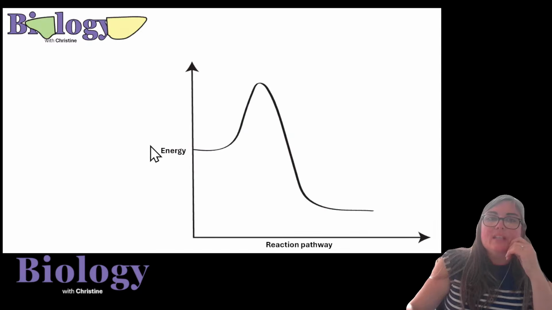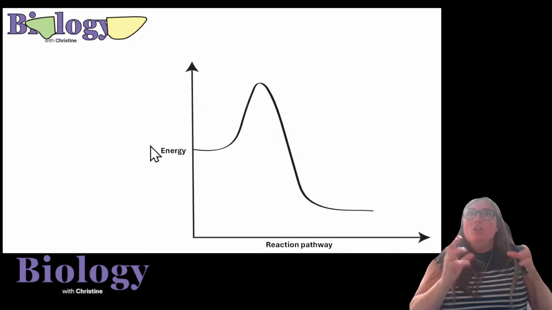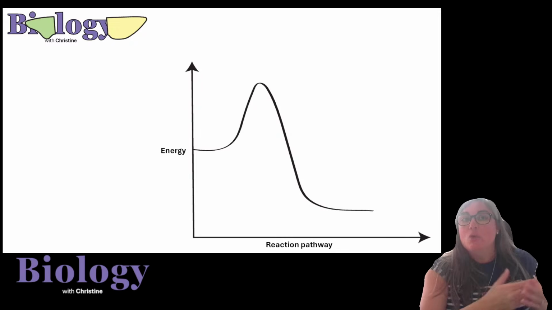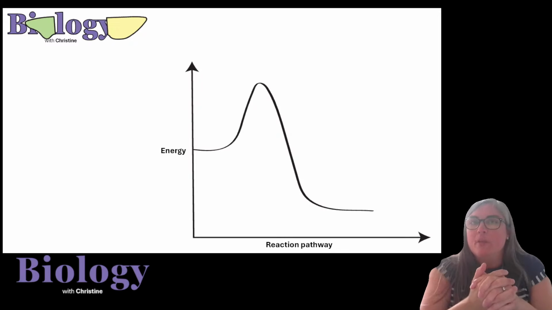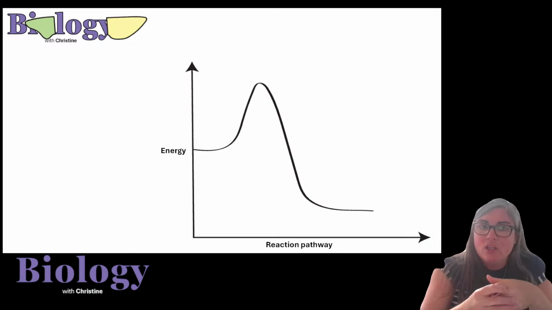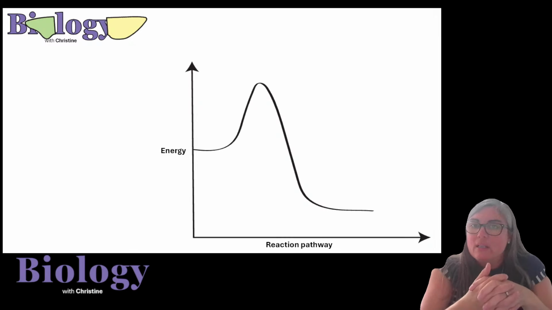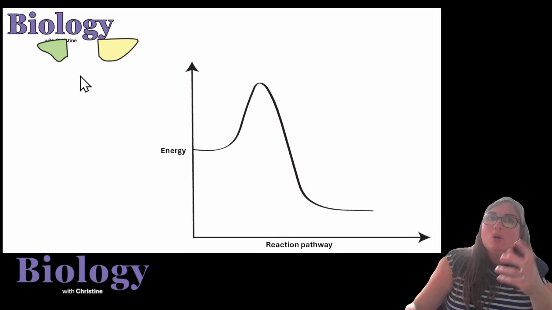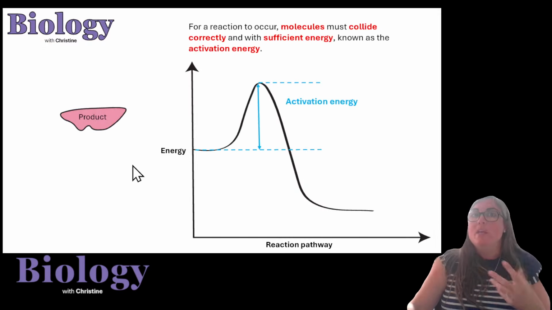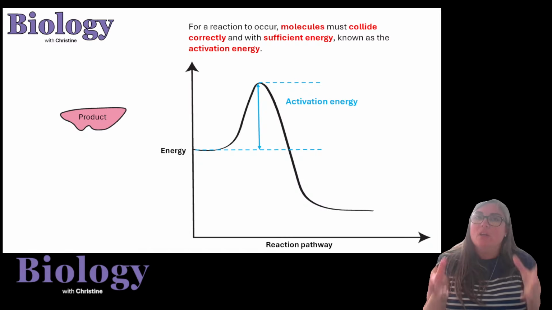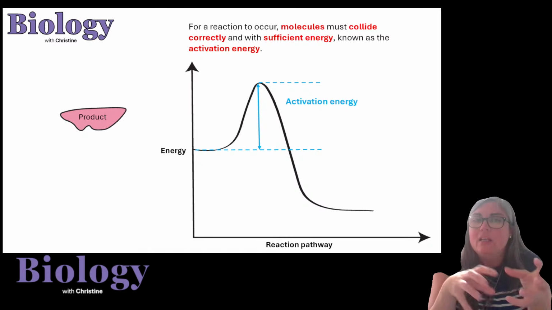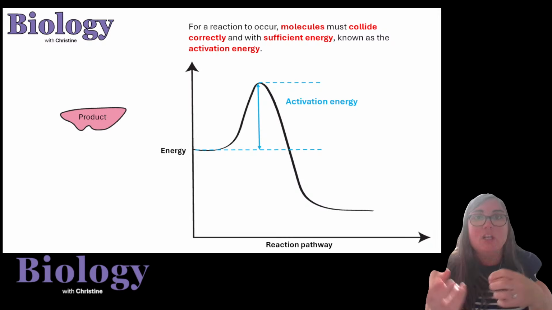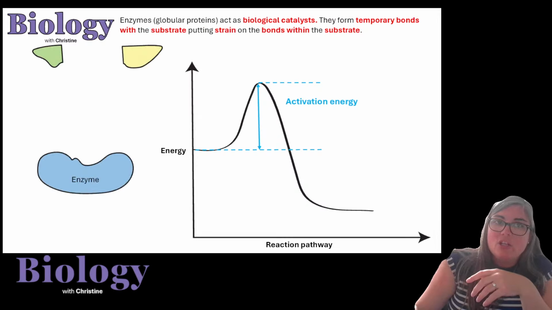So what I would say is make sure you know the connections as to why we need to be talking about that regulation. That's what it's about. And so if we're looking at enzymes and we're talking about the fact that we know for a reaction to occur, these molecules need to collide correctly, they need to have sufficient energy, and that is known as the activation energy.